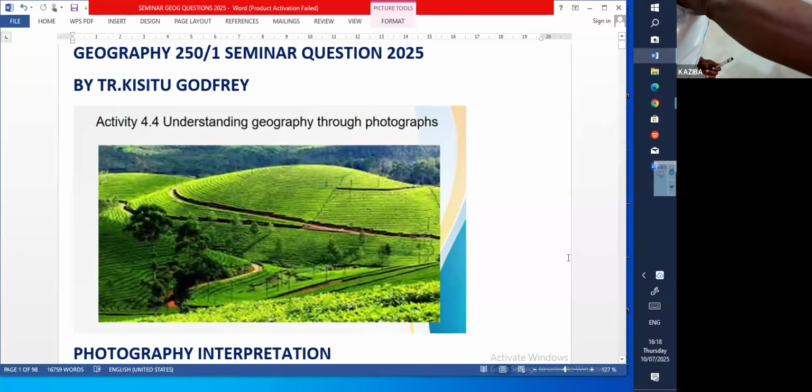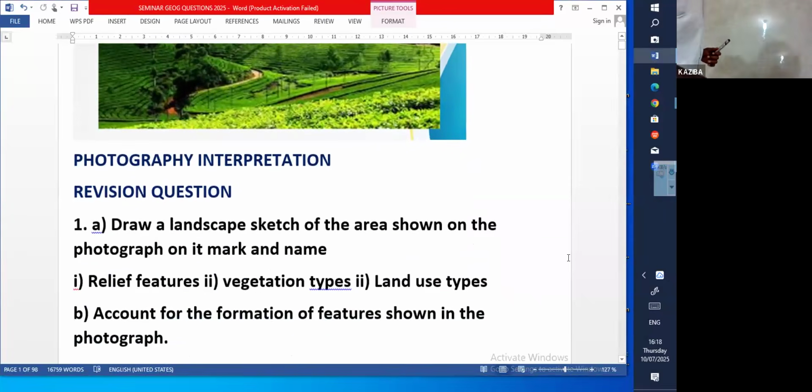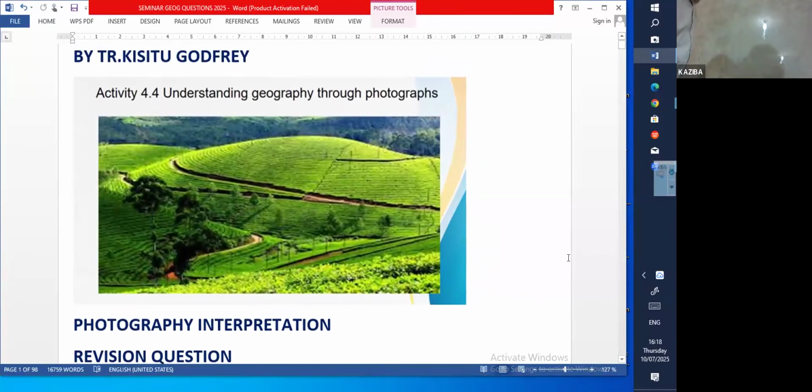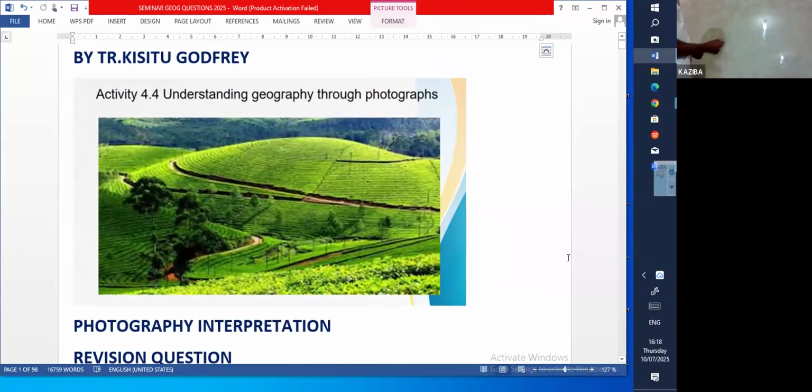So the question is this. Number one: draw a landscape sketch of the area shown on the photograph, on its background name relief features, vegetation types, and land use types. So in case you're given such a question, you begin by drawing that shape, because it is a rectangle.